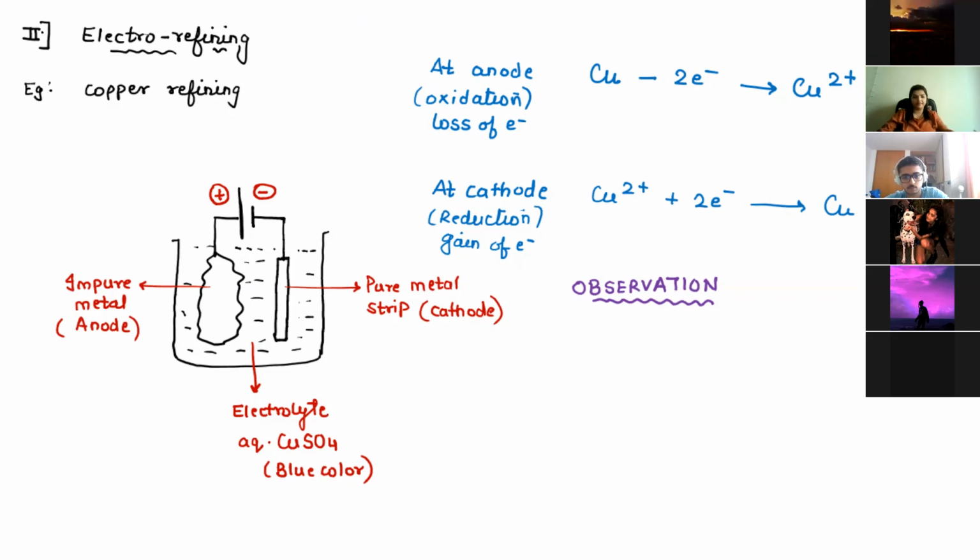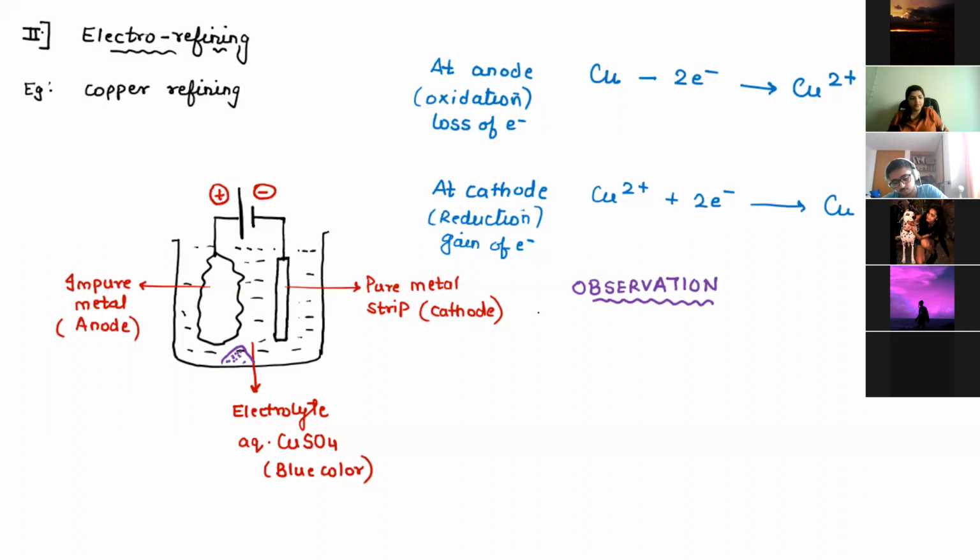Will it just stay in the electrolyte? No, not really. The electrolyte will remain as it is. Yes, there will be some impurities, which will settle down near the anode.